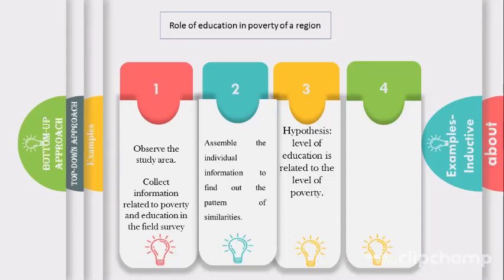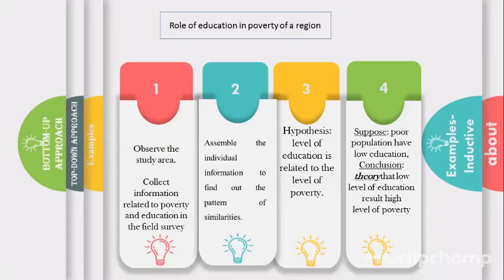He is just saying that yes, the level of education is related to the level of poverty. He is not making any sort of decision here. He is not saying that if education is more, poverty is less, or vice versa.